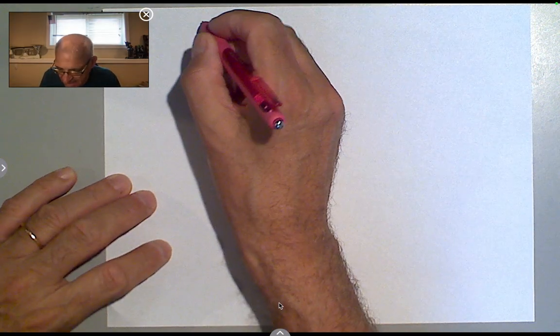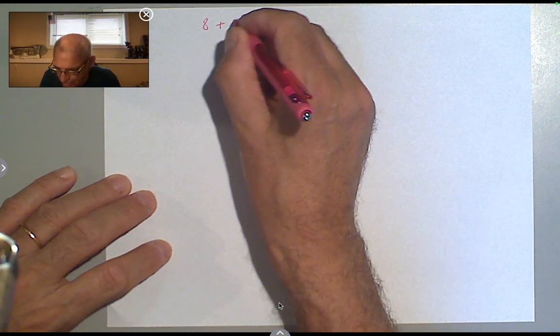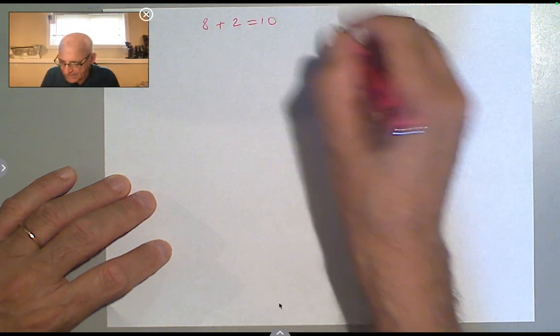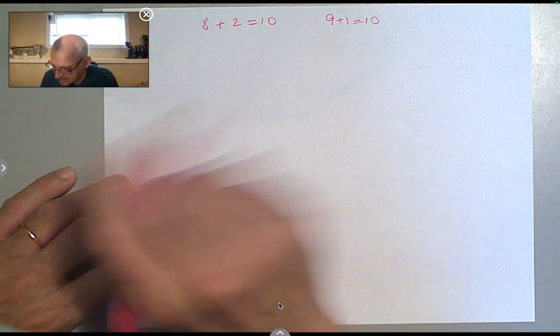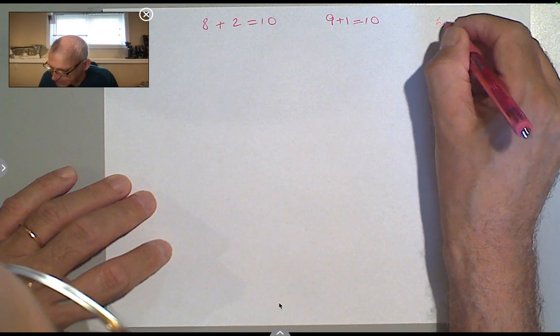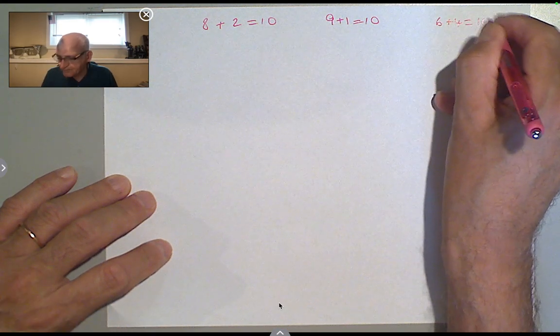The first two observations I want you to notice is that if I have two numbers that add up to 10, in fact later we'll show even if their difference is 10, but at the beginning we say 8 plus 2 equals 10, 9 plus 1 equals 10, and one that is a little tricky, which is 6 plus 4 equals 10.